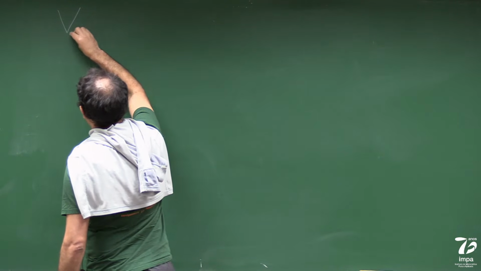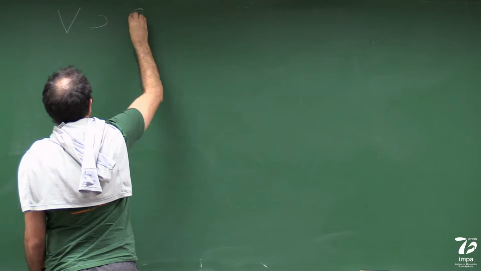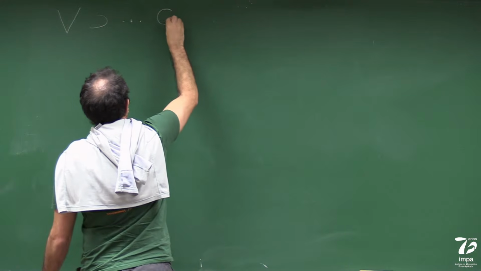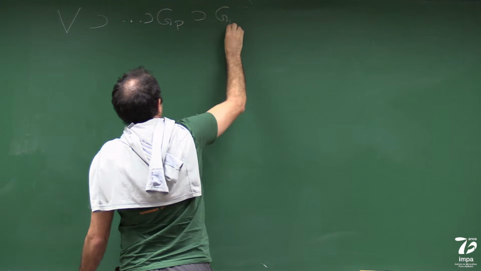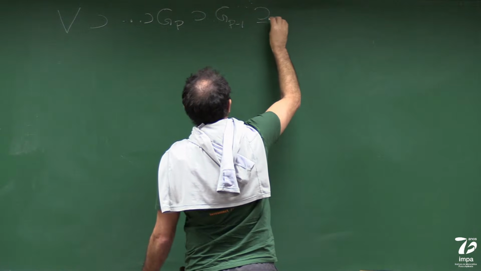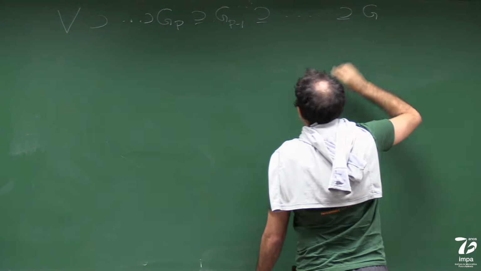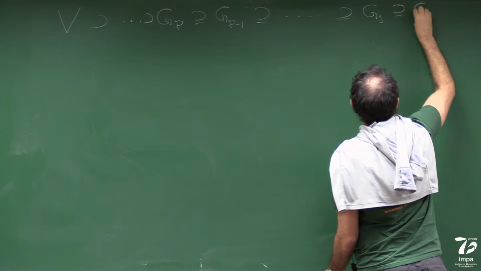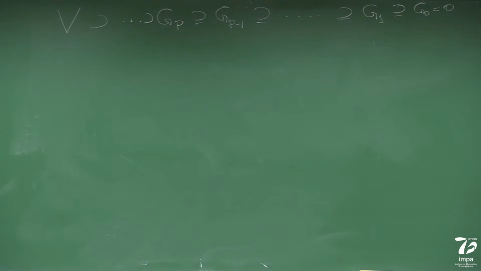So if you have a vector space and an increasing filtration, I'm going to write it like this: G_{p-1} inside G_p. I'm going to have it bounded in some place, so G_1, and this guy G_0 is 0. So that's an increasing filtration.